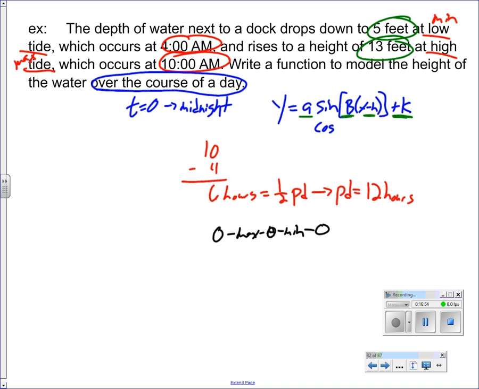Remember, each point happens 1/4 of the way through the period. So what we know from this problem is that our minimum is occurring at 4 a.m. So we're shifting this function so that this minimum point is happening at 4 a.m., which is 1/3 of the way through the period. So that's basically where we're starting.